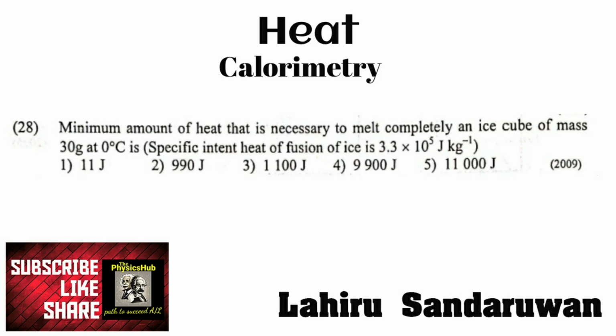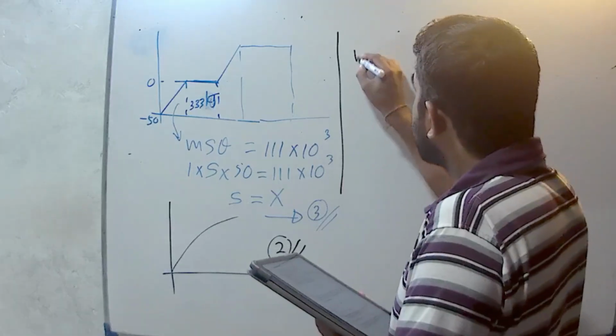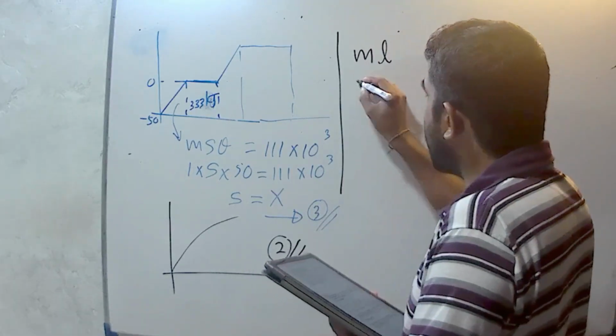What is the minimum amount of heat necessary to completely melt an ice cube of mass 30 grams at 0 degrees C? They have given the specific latent heat of fusion of ice as 3.3 into 10 to the power 5. The minimum heat energy should be ml.